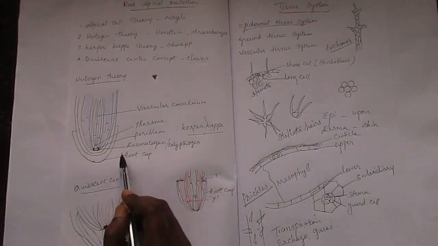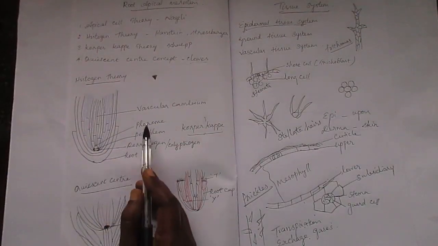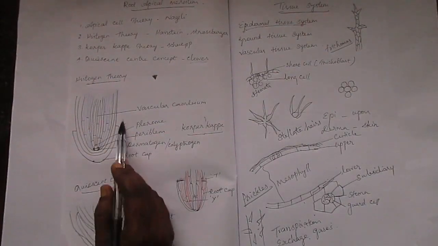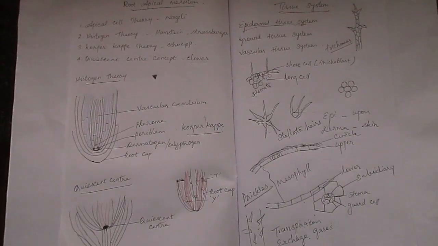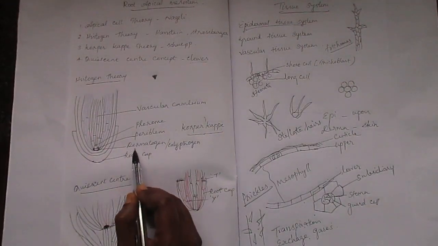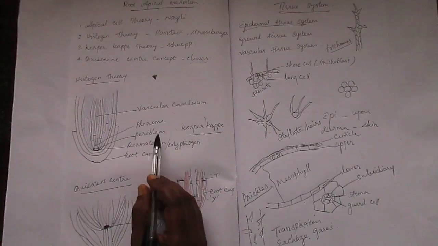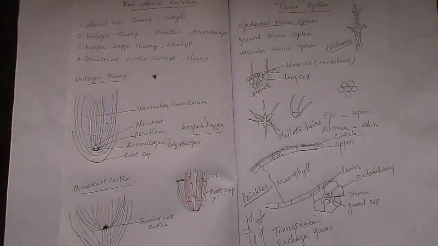Histogens are nothing but 4 different zones of this cell. Each zone or region or histogen shows different functions and gives rise to different regions of the root.